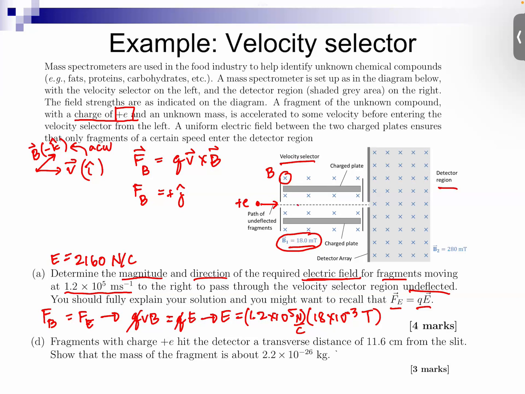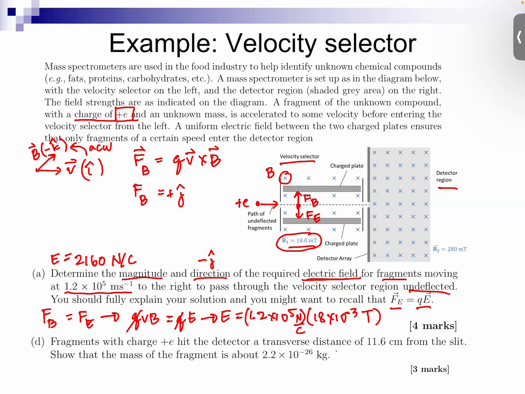So essentially, once your charge enters here, you have a magnetic force that's upwards. You know that the electric force needs to balance out that magnetic force. So the magnitude should be equal, but the direction for the electric force should be opposite the direction of the magnetic force. Hence, the direction should be negative J hat, or downwards.